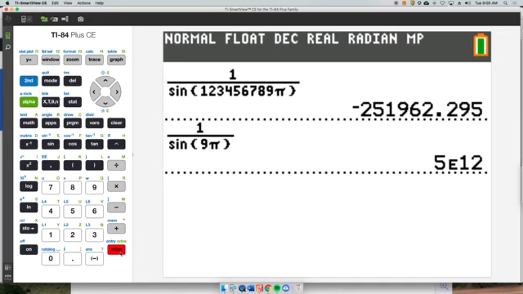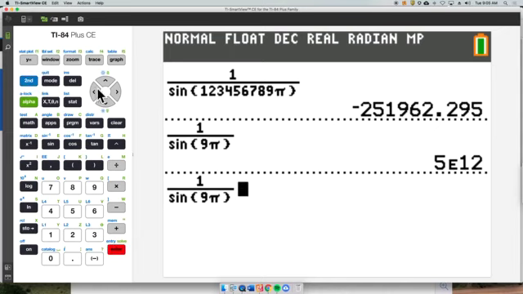Now your calculator is going to give you what? 5E12. What the heck is that? That's 5 times 10 to the 12th, right? That's a 5 with 12 zeros after it. That's like what? Trillion? 5 trillion. That's your calculator's way of saying positive infinity. Now, that's a little closer to positive infinity than negative 251,000 is closer to negative infinity.